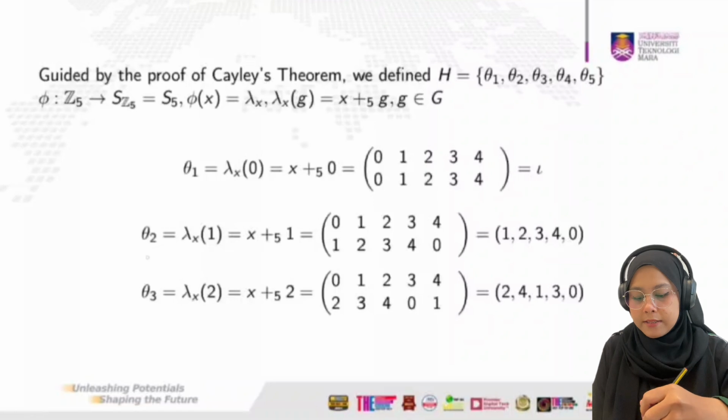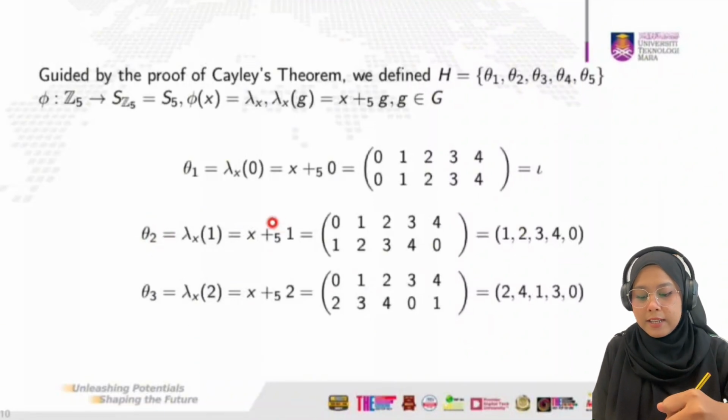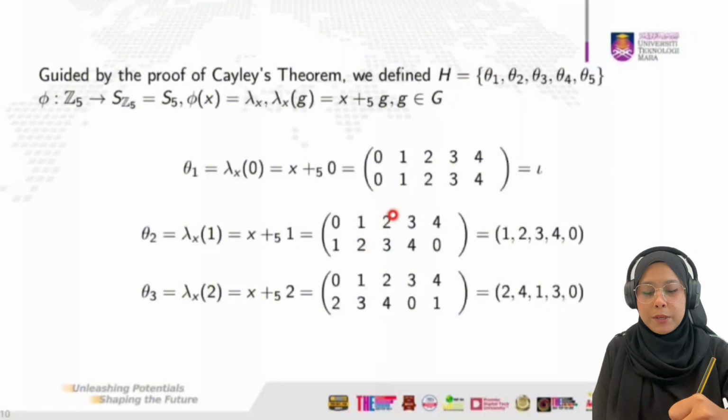So the next one is theta 2, where the operation is x addition modulo 5, 1, where 0 maps to 1, 1 maps to 2, 2 maps to 3, 3 maps to 4, and 4 maps to 0. And the answer here is the cycle notation (1, 2, 3, 4, 0).